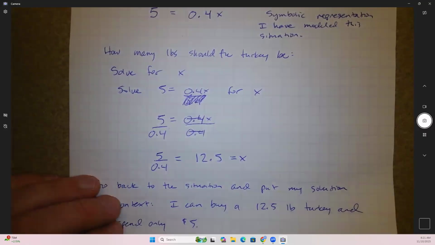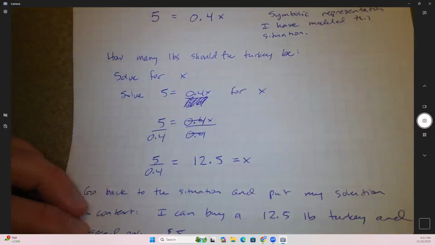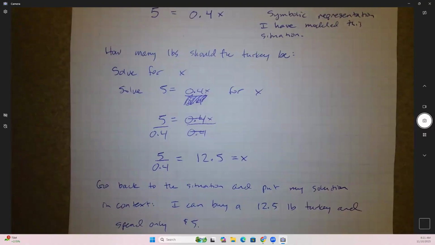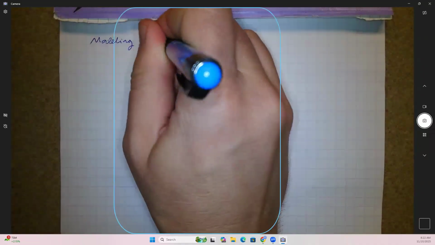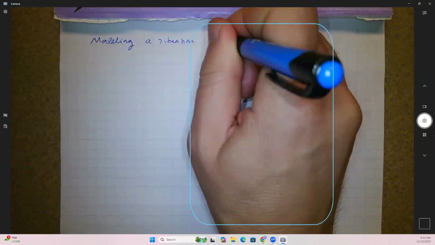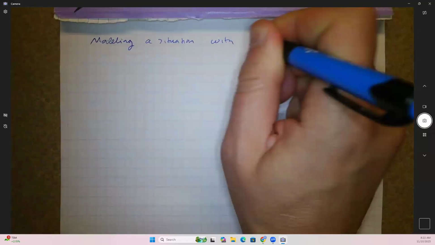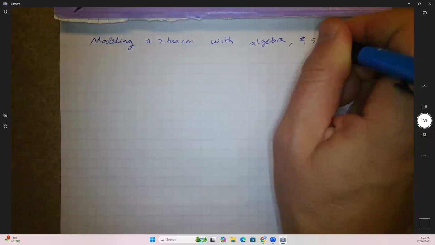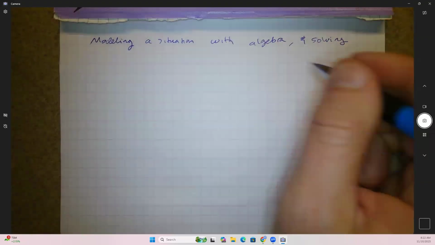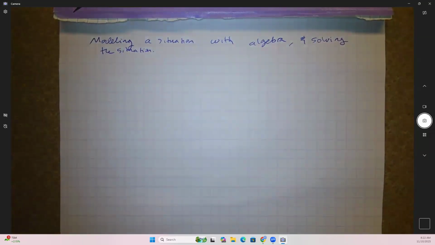All right. So let me write down the general steps for modeling a situation with algebra and solving. Solving the situation, that's a little strange to say, but that's what it is.